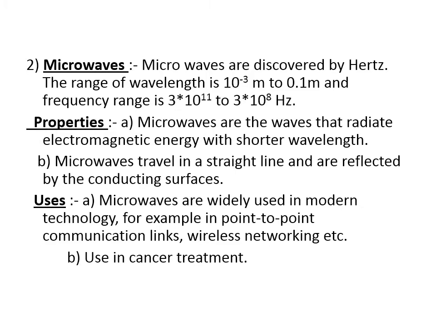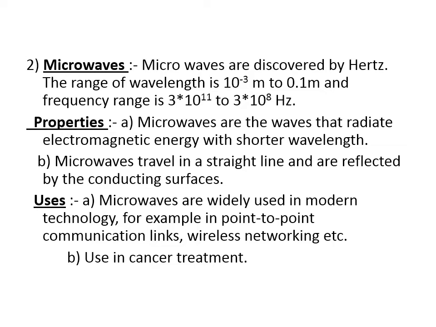Microwaves are discovered by Hertz. The range of wavelength is 10 raised to the power minus 3 meter to 0.1 meter. And frequency range is 3 into 10 raised to the power 11 to 3 into 10 raised to the power 8 Hertz. Properties. First one, microwaves are the waves that radiate electromagnetic energy with the shorter wavelength.